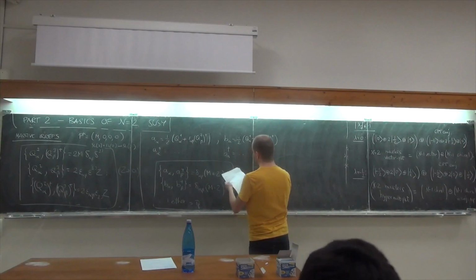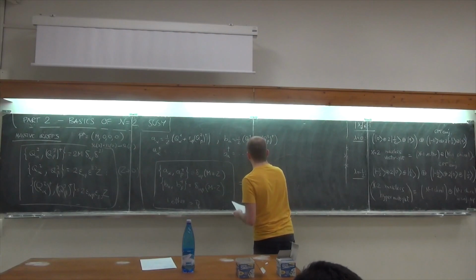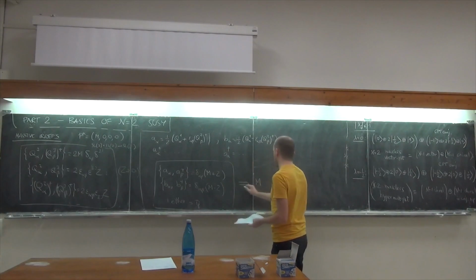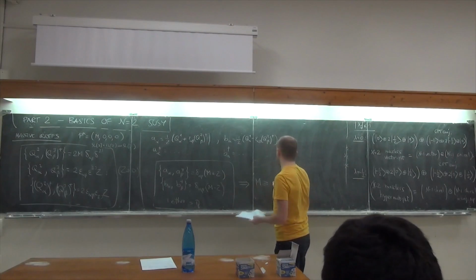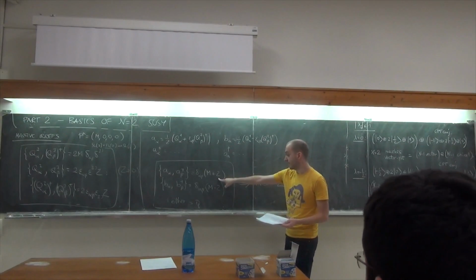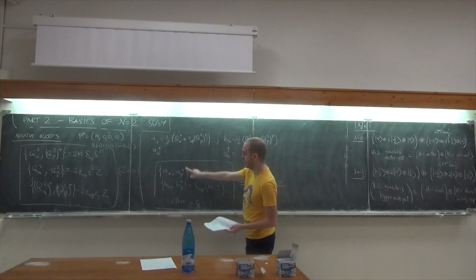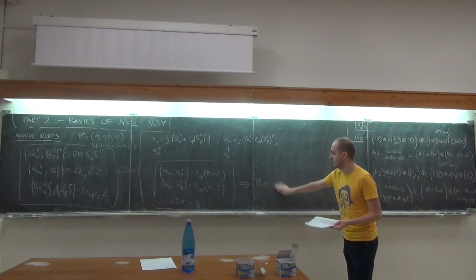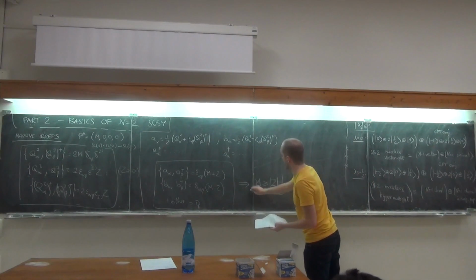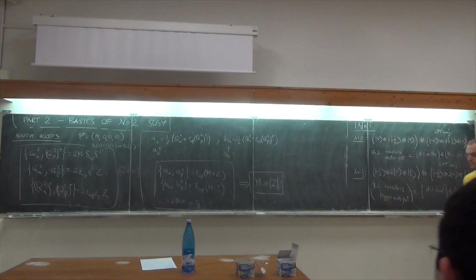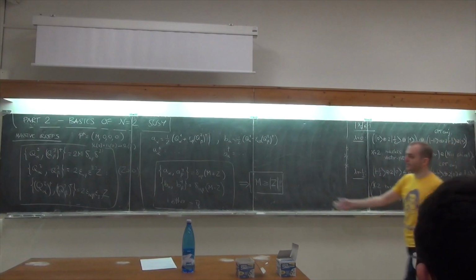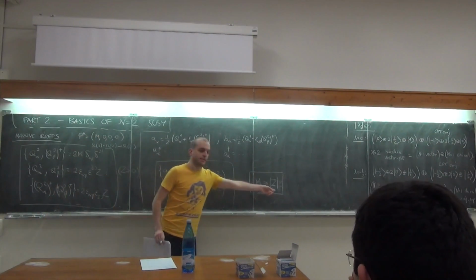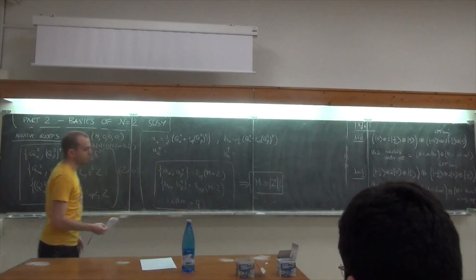So this implies, since the expected value of the positive semi-definite operator has to be positive, that the mass here is bigger than or equal to minus the central charge from the first relation, and from the second relation you get the other sign. So the bottom line is that the mass is bounded from below by the absolute value of the central charge. If I didn't rotate Z to be real and positive, it would be a complex number, and you would find this relation with the modulus of the complex central charge.